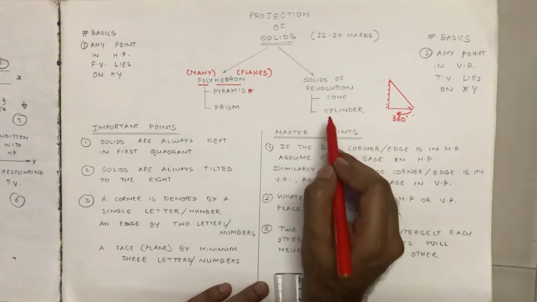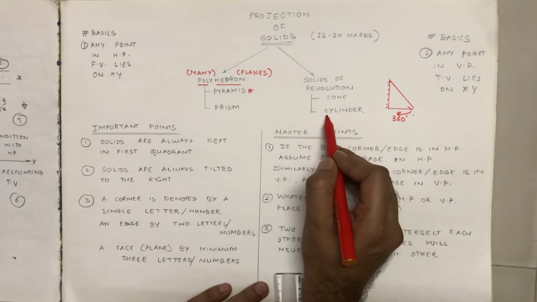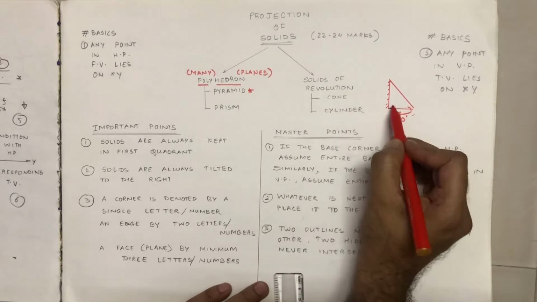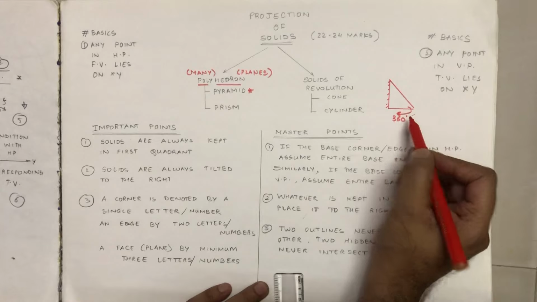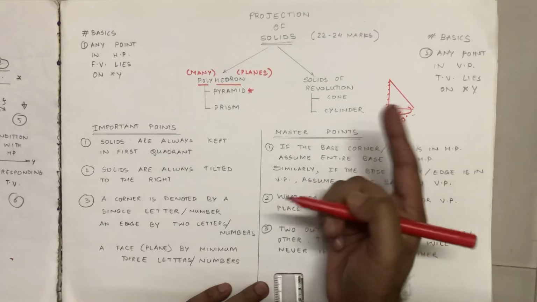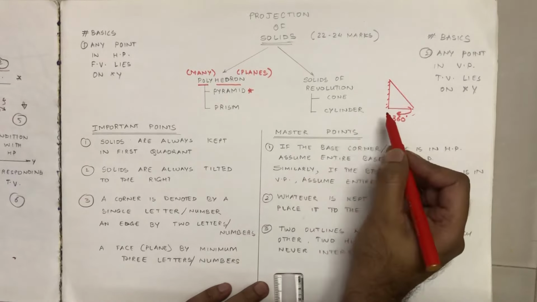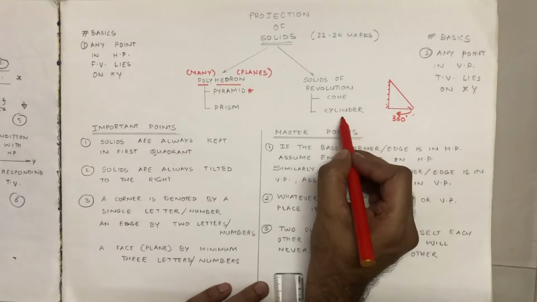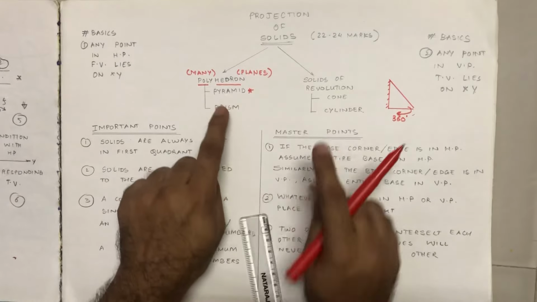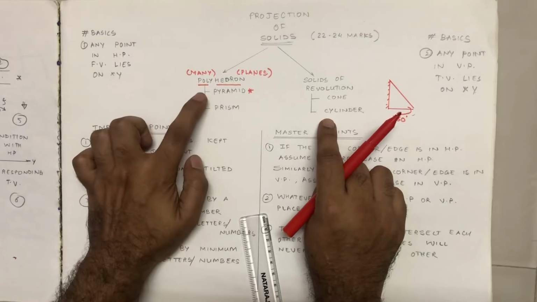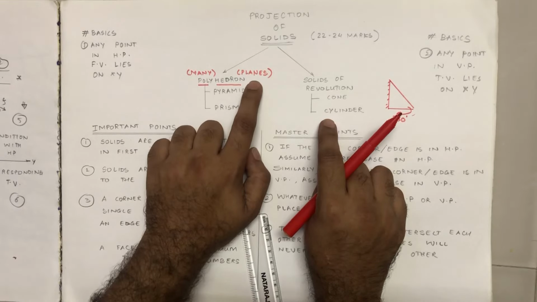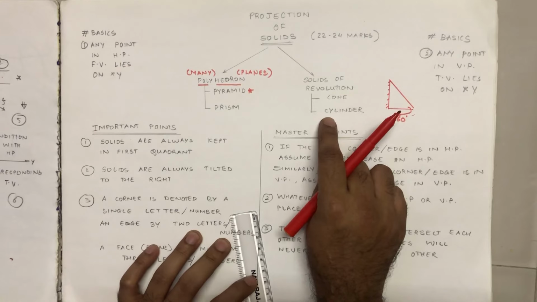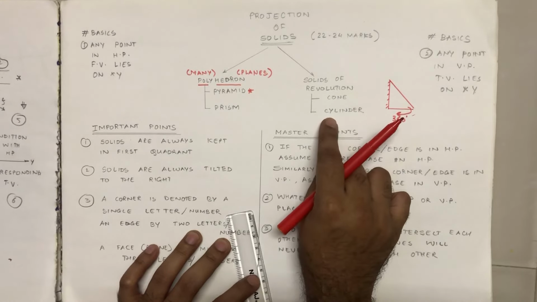Am I right? Similarly, can you tell me how a cylinder will be formed? Yes, very simple. For a cylinder, instead of a triangle, I'll take a rectangle and rotate it by 360 degrees. The volume encompassed would be a cylinder. Hence, they are called solids of revolution. The main difference between these 2 categories is that in polyhedrons there are many planes, while in solids of revolution the surface is smooth.